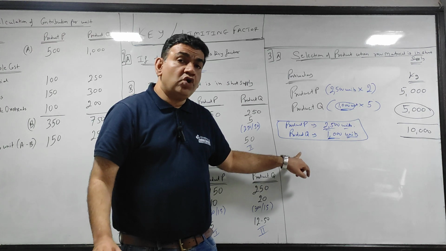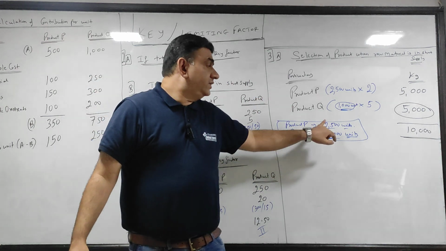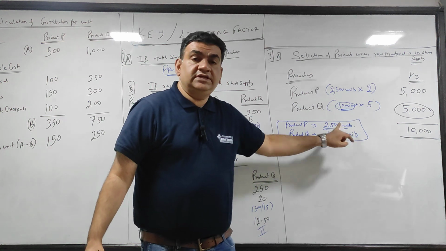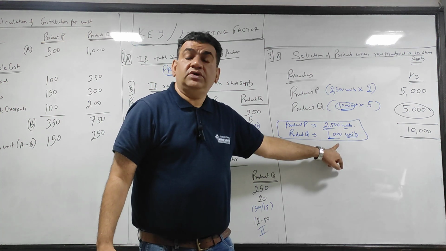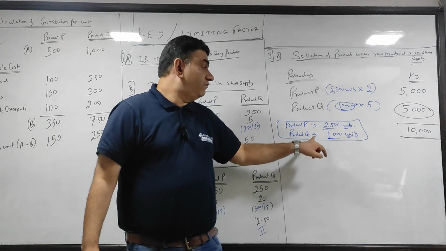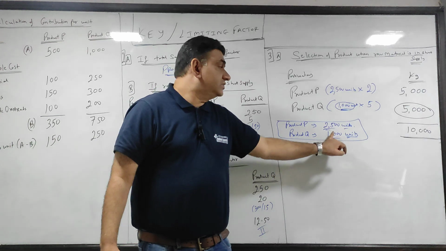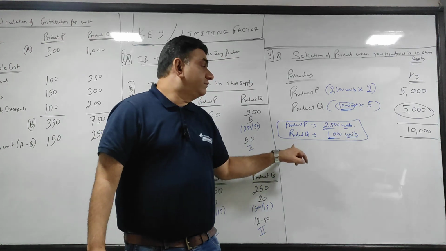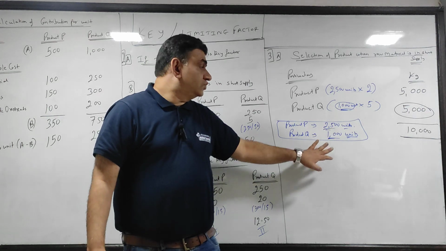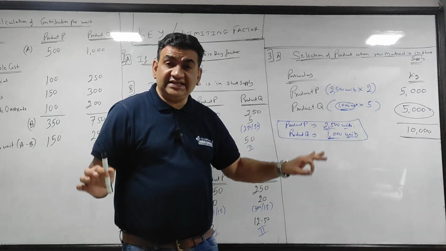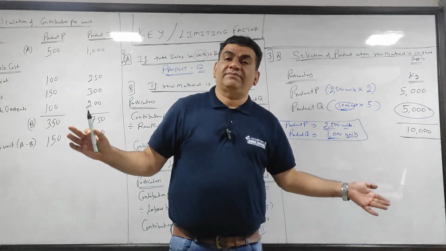So P का contribution per kg of material is higher. So P will be 2,500 units and Q will be 1,000 units. So this is the best product mix in this case where material is in short supply.